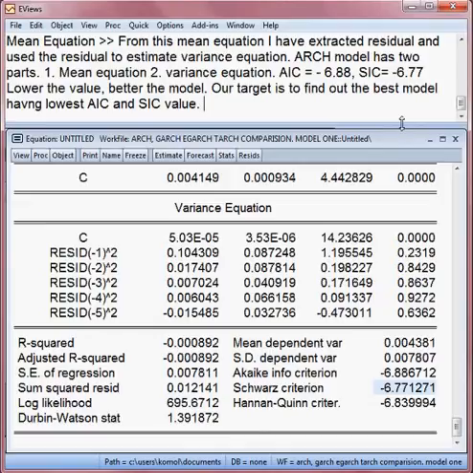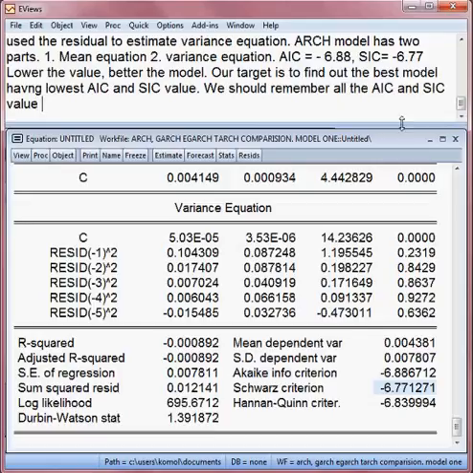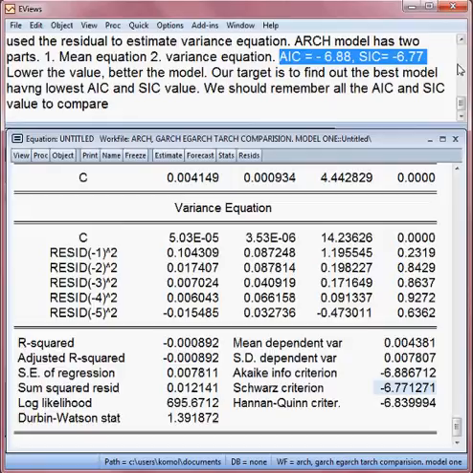Now we should remember all the AIC and SIC values to compare. So here, the values of AIC and SIC are 6.88 and 6.77. Okay.